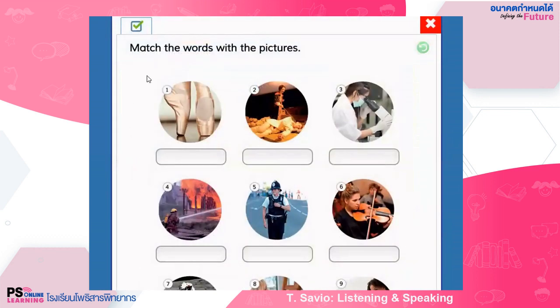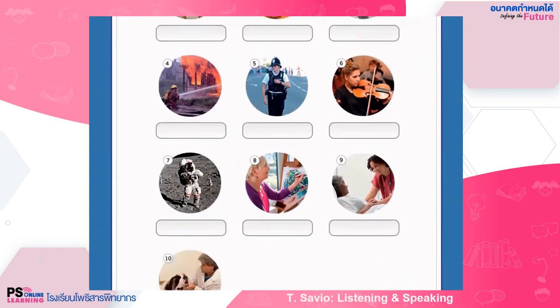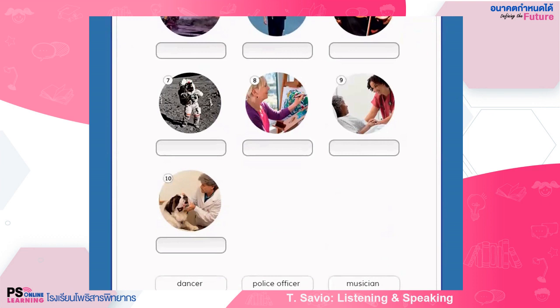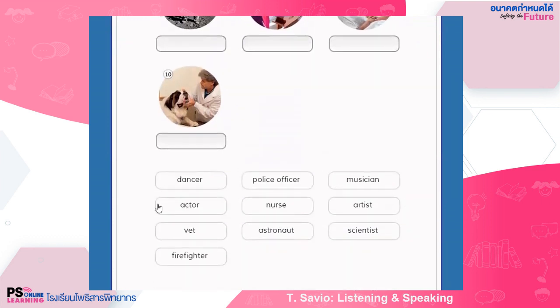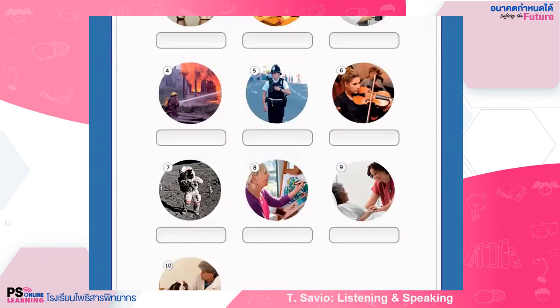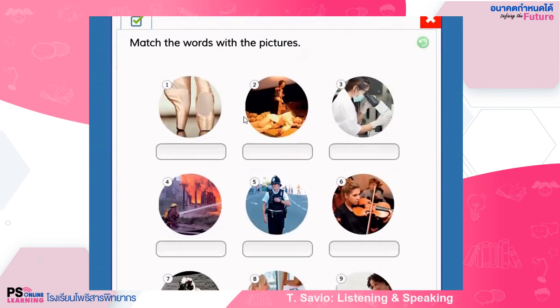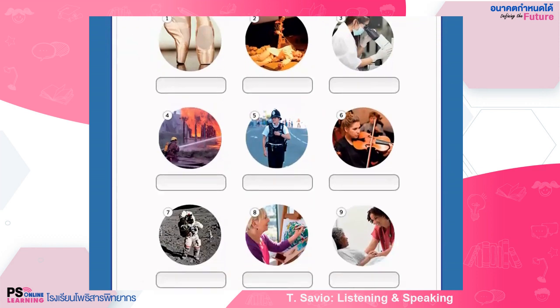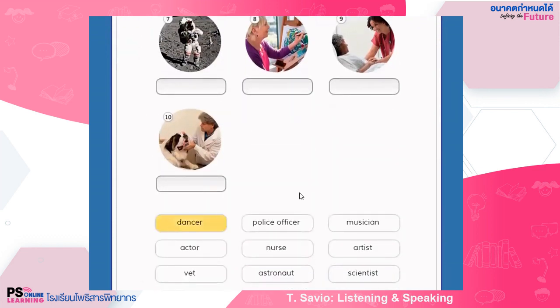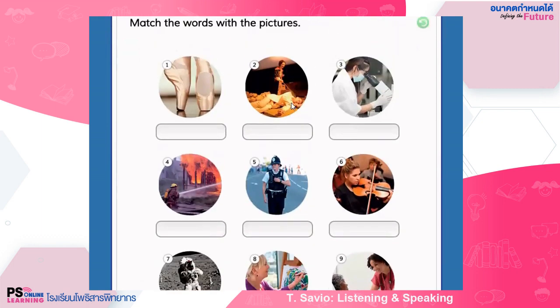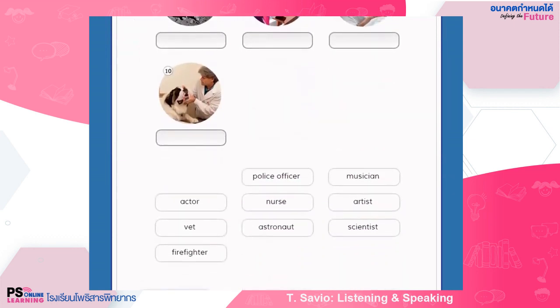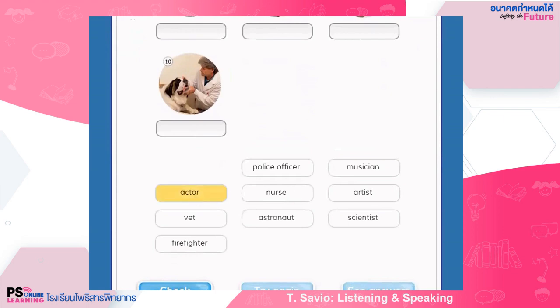Match the words with the pictures. So these are the pictures. We have about 10 of them, and we have to match the different types of jobs and the pictures. So number 1 is a ballerina. So dancer. Number 2 would be someone acting on stage, so an actor.